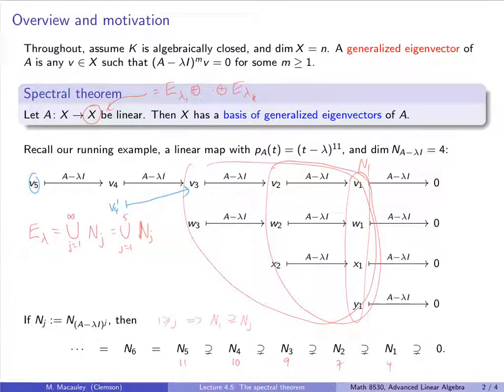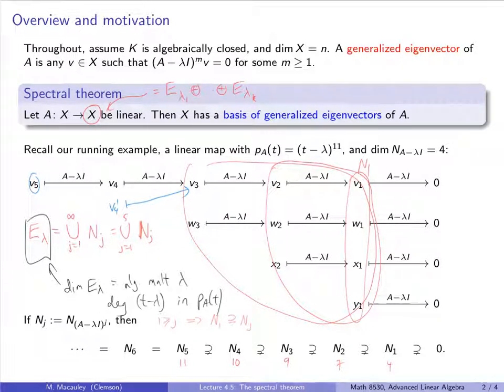So again, we will show that for any lambda, there is going to be a basis of generalized eigenvectors of E lambda, and the dimension of this is going to be equal to the algebraic multiplicity of lambda, which is the degree of t minus lambda in the characteristic polynomial. And then in the following lecture, we will actually construct this basis and show that they have to come in chains like this.